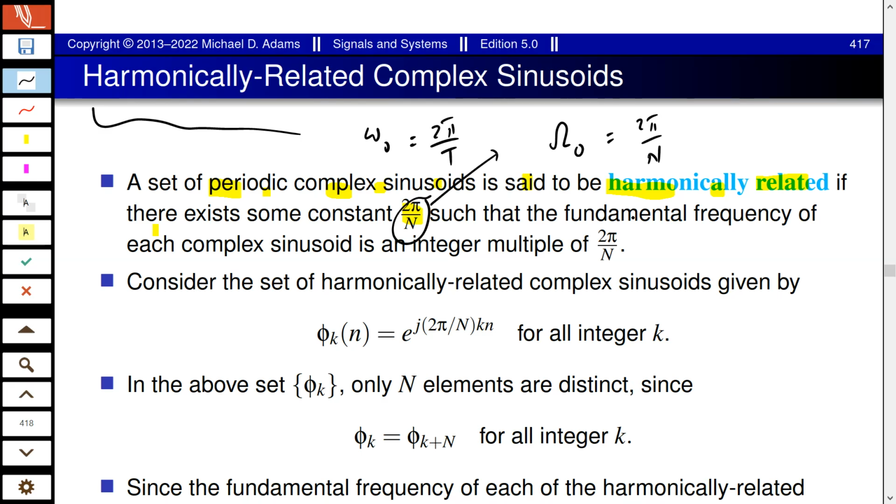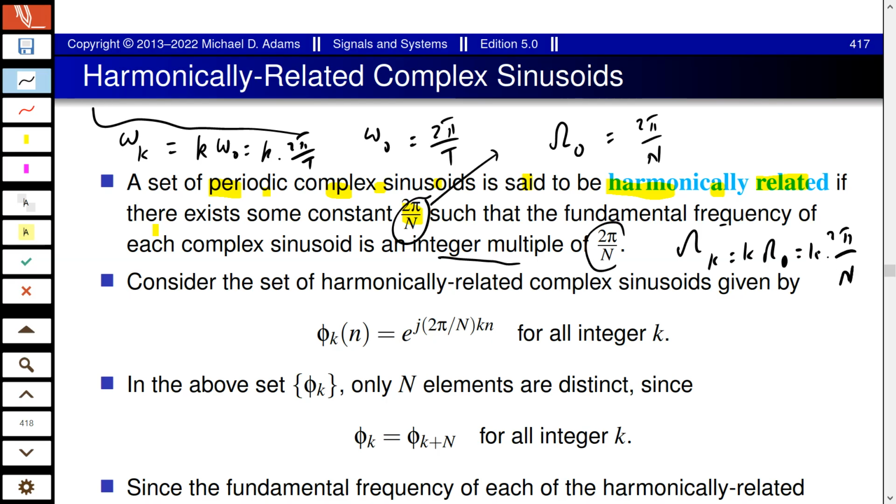The frequency of each sinusoid is an integer multiple of this, k times omega naught. In continuous time, we wanted our frequencies to be of the form k times 2 pi over the fundamental period. So in this case, our frequencies capital omega k should be of this form, k times omega naught, and omega naught should be 2 pi by capital N, right?